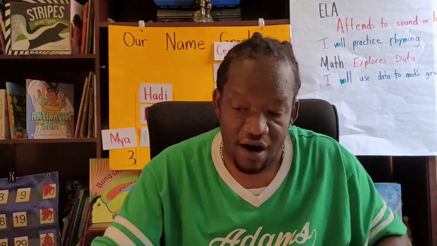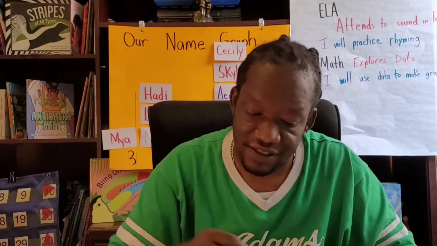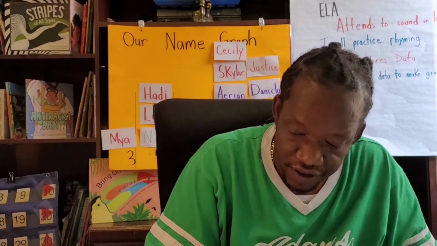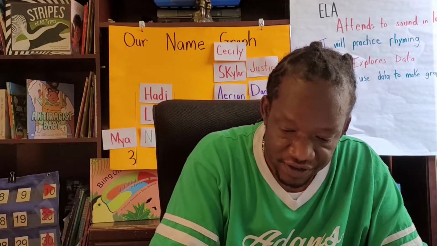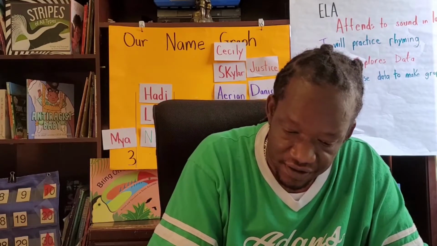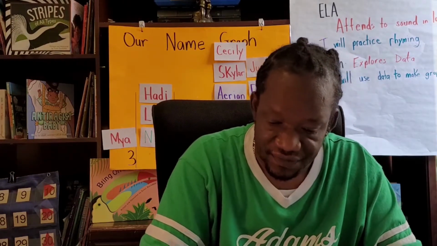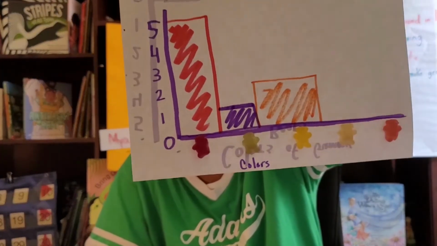We'll see. All right, let's look at our yellow. How many yellows do we have? 2. So let's go to the number 2. So I go across. You see my graph?